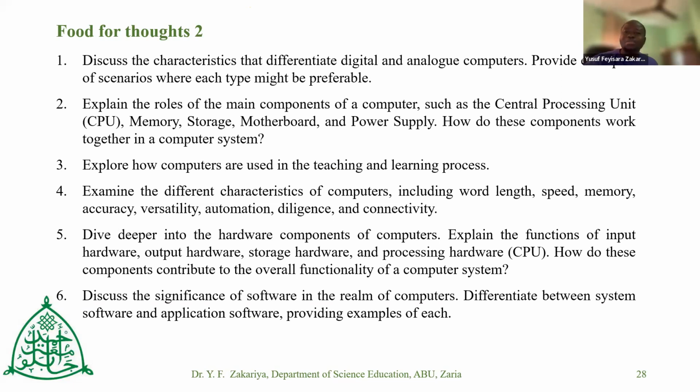But I'm also going to help you in this question by asking you to differentiate between system software and application software, providing examples of each. So the last sentence here is to explain the first sentence. Maybe this question is too simple for an exam. I would only put the first sentence, discuss. So it is for you to know that when you are discussing, you need to differentiate between system software and application software, and you need to provide examples of these. Is it okay, everybody?